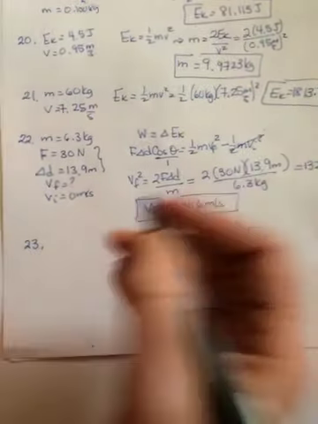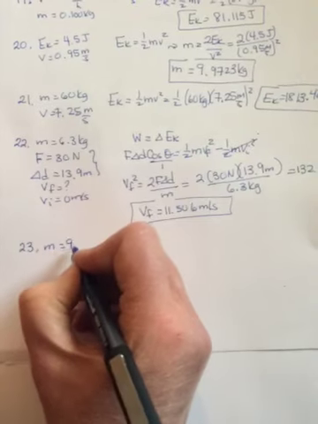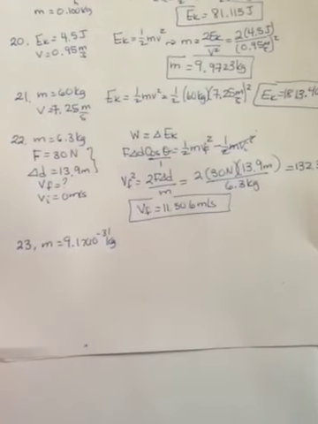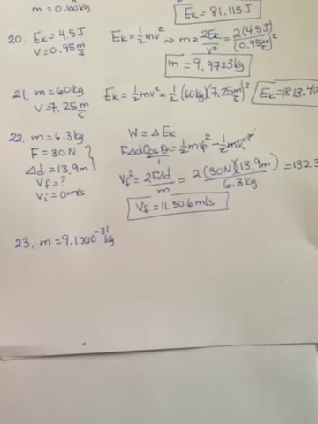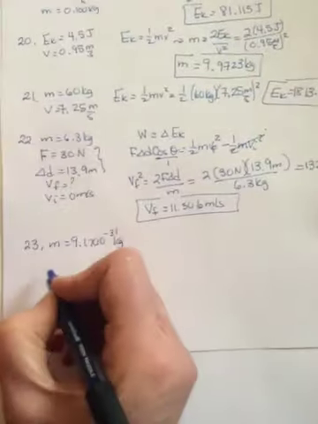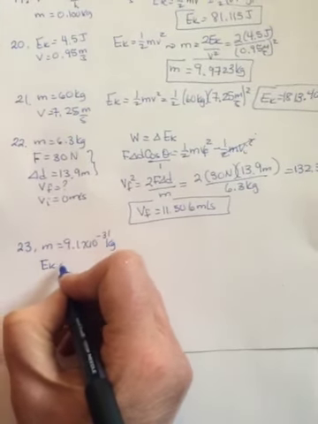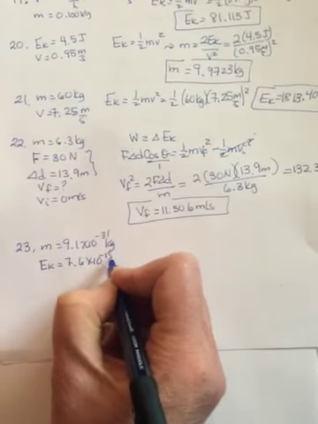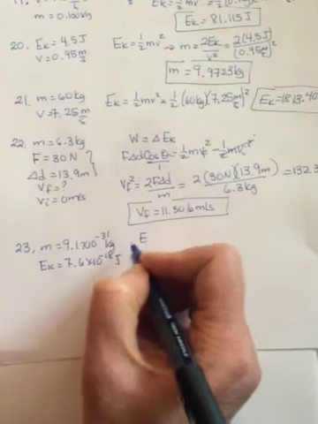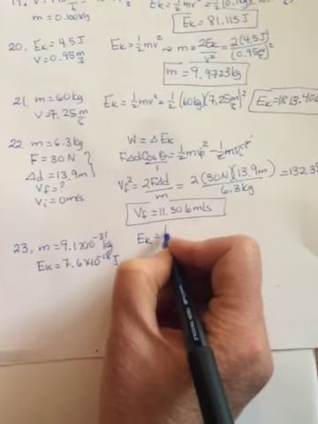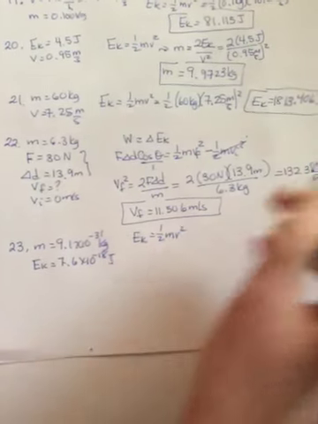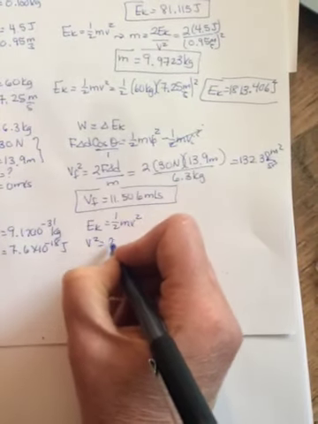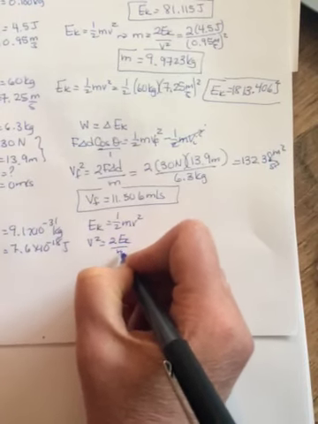23, the mass of an electron is 9.1 times 10 to the negative 31 kilograms. What speed is it traveling if it has a kinetic energy EK of 7.6 times 10 to the negative 18 joules? So you need to rearrange for velocity. So EK is equal to 1/2 mv squared. Multiply both sides by 2, divide by m. So v squared is equal to 2EK over m.